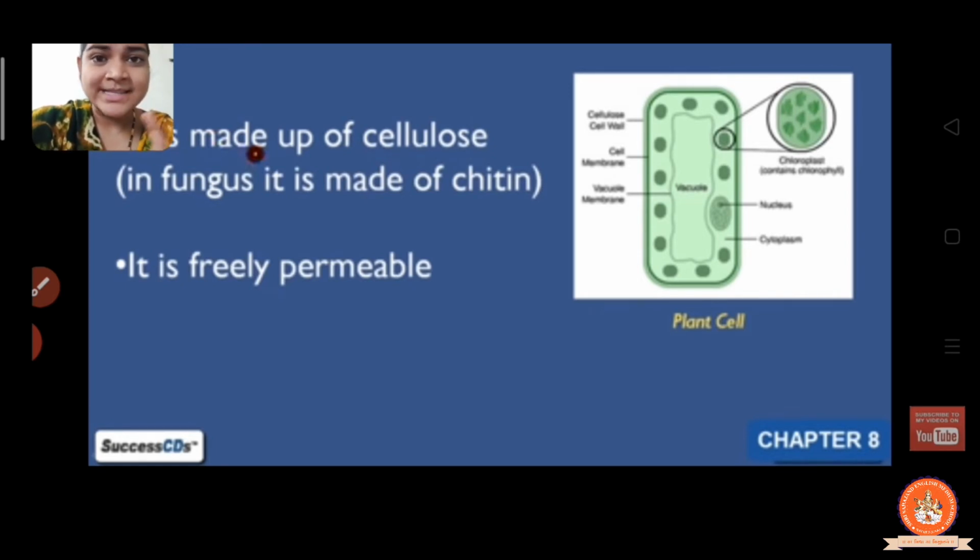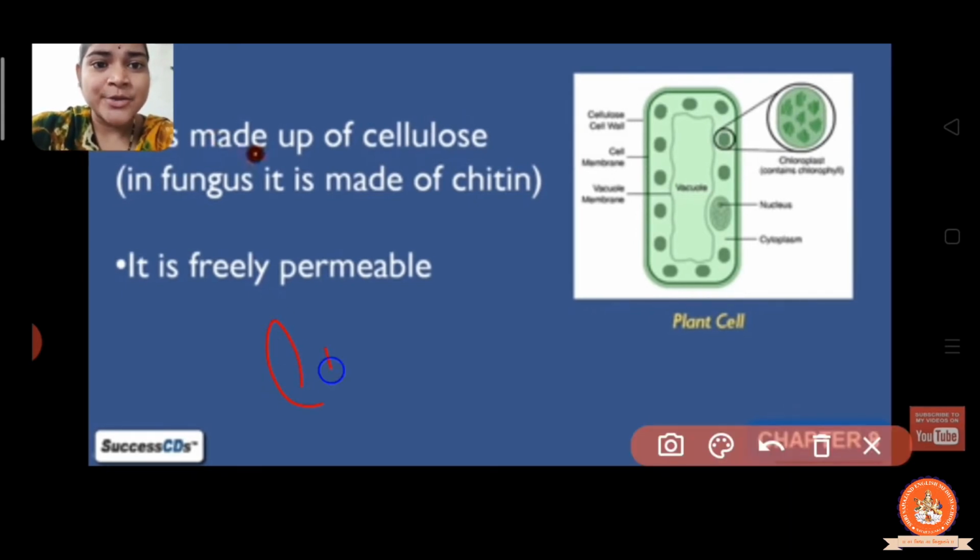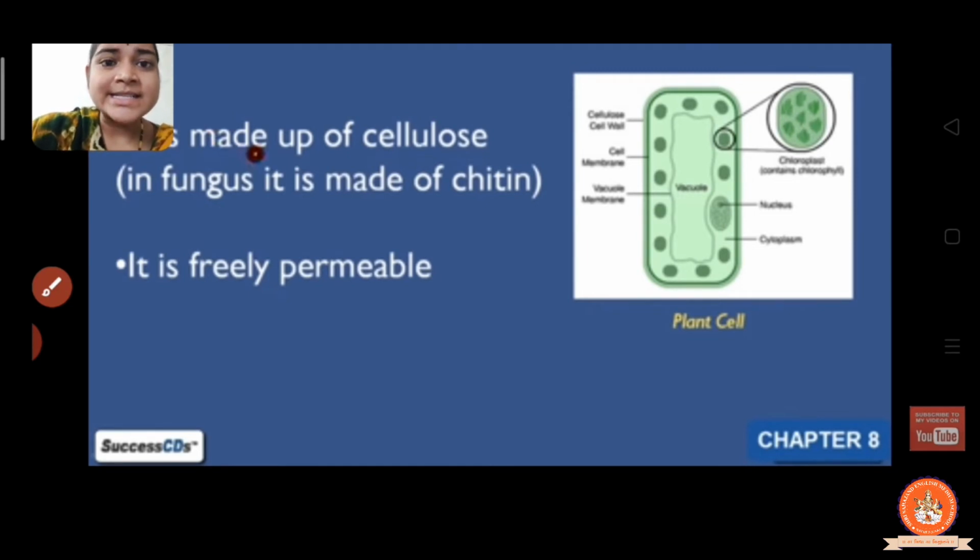The cell wall, which is made up of cellulose, is freely permeable. Freely permeable means it allows all substances or materials to pass through the cell wall. Whereas the cell membrane is semi-permeable.